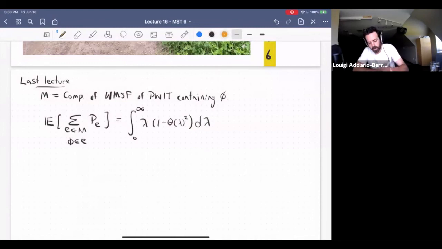Okay, and remember, this theta lambda is the survival probability for a Poisson lambda Galton-Watson tree.